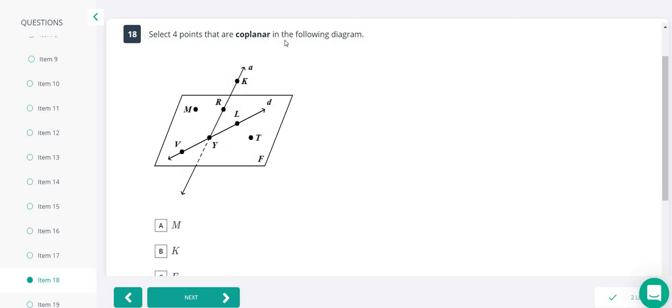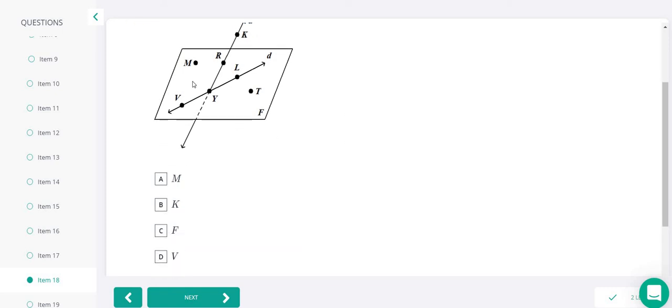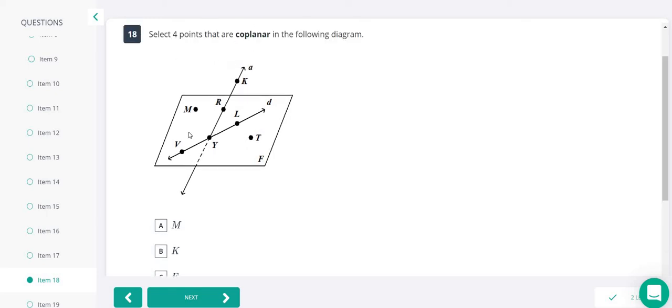Number 18, coplanar. Collinear means they're on the same line. Coplanar means they're on the same plane. So the choices here are M, R, L, T, Y, and V. You pick any of those four. You can't use K, it's not on the plane. F is the name of the plane, it's not a point.